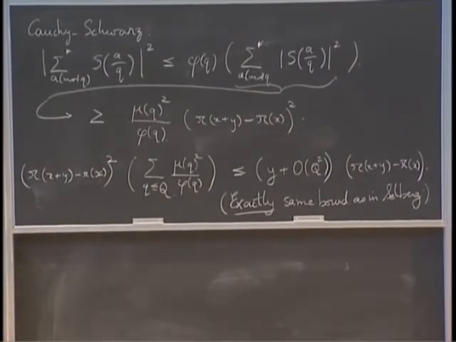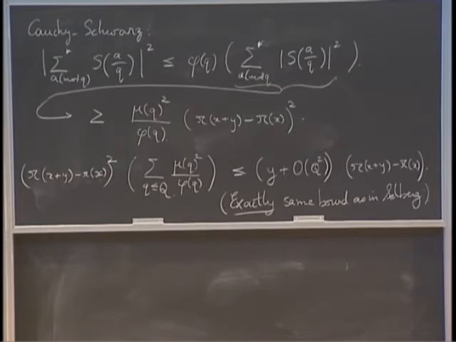Now, let me make one more point about the large sieve. This I won't work out, but you can try to work out. So the large sieve gives you some upper bound for this exponential sum on average, right? It's telling you that this exponential sum is small.